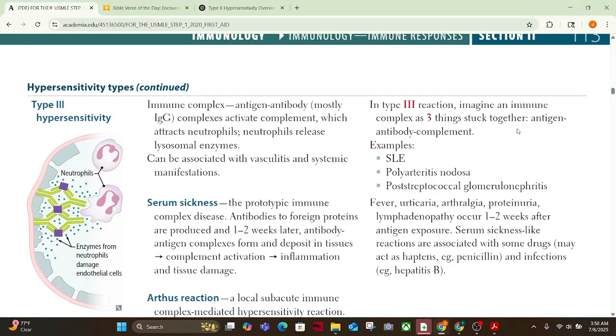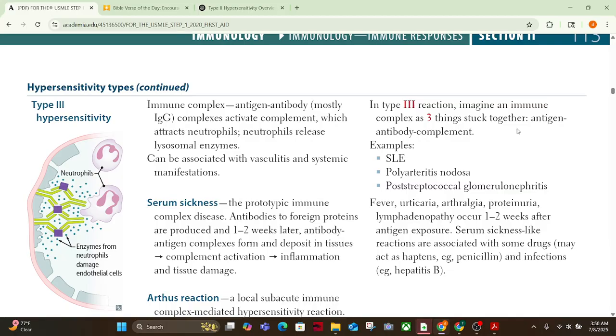So remember, C3b is for opsonization, C3a, C4a, and C5a are all for anaphylaxis, and C5a is for neutrophil chemotaxis. And C5b to 9, which is the MAC complex, is for cytolysis. So if I were to ask what calls neutrophils in, you would say C5a, IL-8, bacterial products, and LTB4.